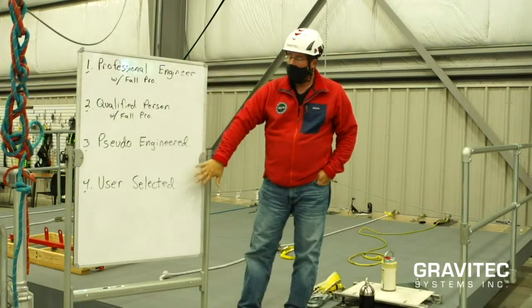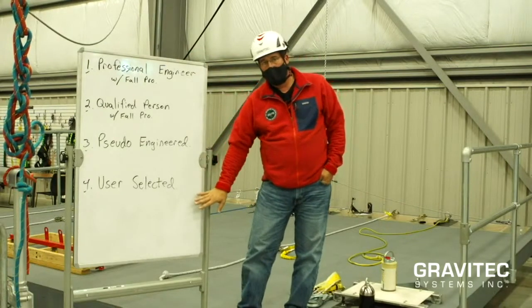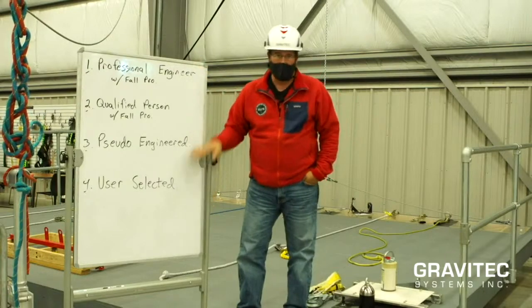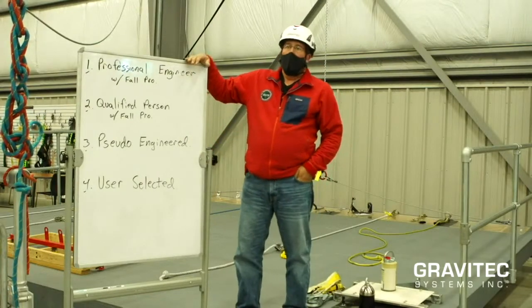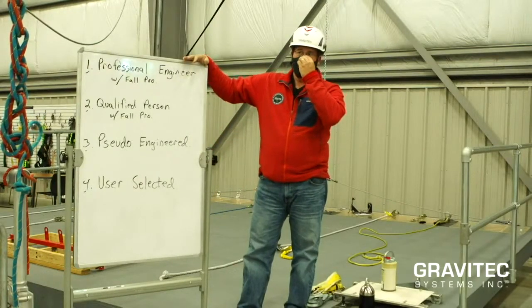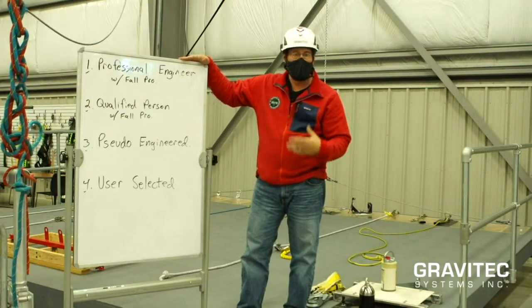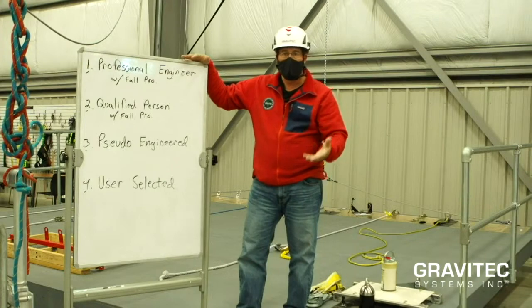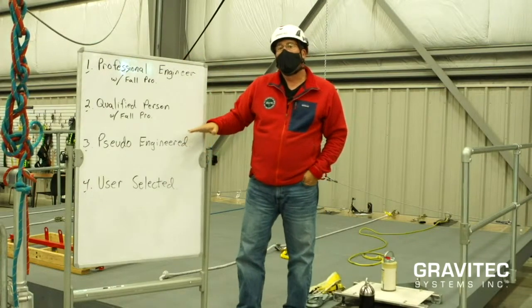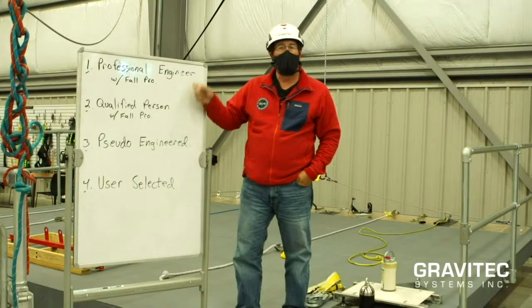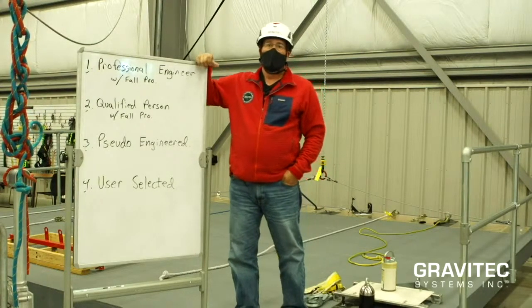All of these anchors are legal, okay? An employer is allowed to use any manner of these. Over time, as the safety industry grows, as we unfortunately see more accidents and fatalities, we're going to see more and more regulators starting to require certified or engineered anchors.